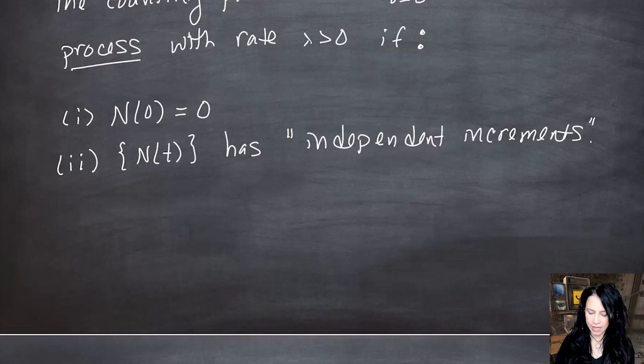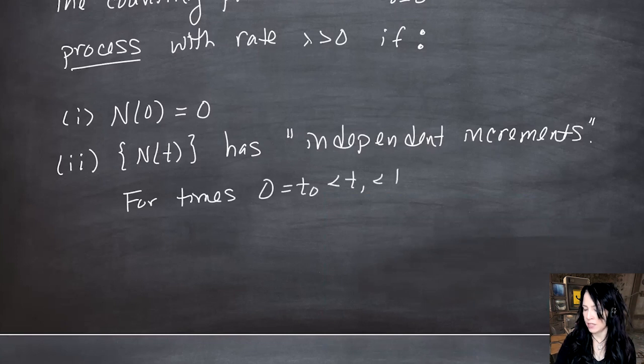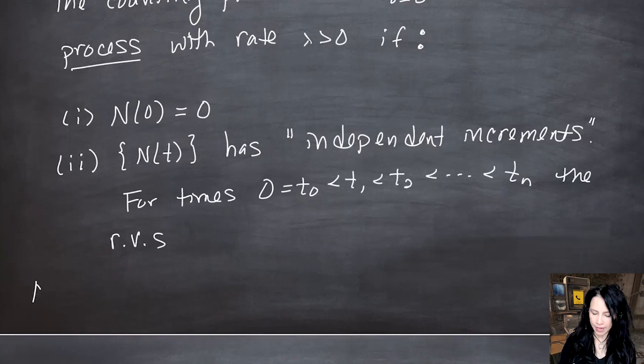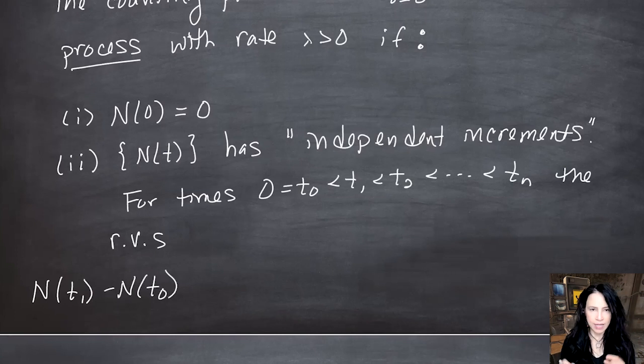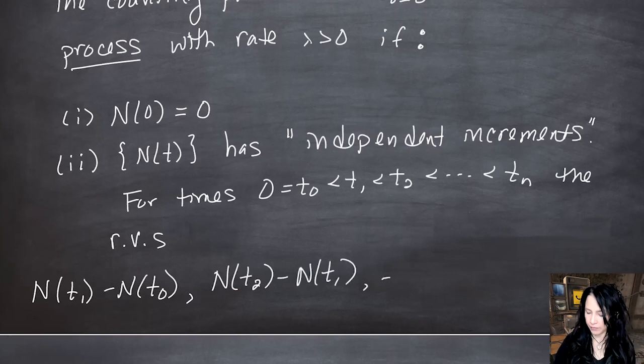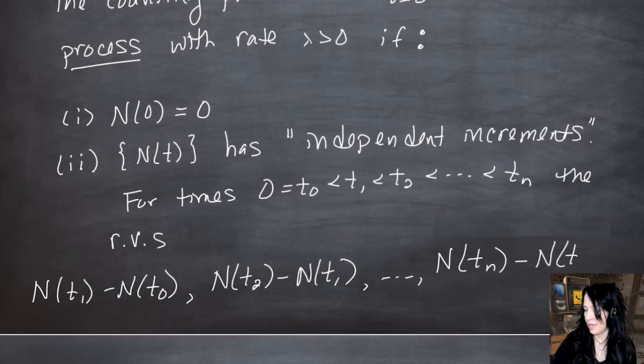So formally, I would say that for times t0 is 0, less than t1, less than t2, and so on, less than tn, the random variables N of t1 minus N of t0, so that's the number of arrivals between time 0 and time t1, and the number of arrivals between time t1 and t2, out to the number of arrivals between time tn minus 1 and tn.